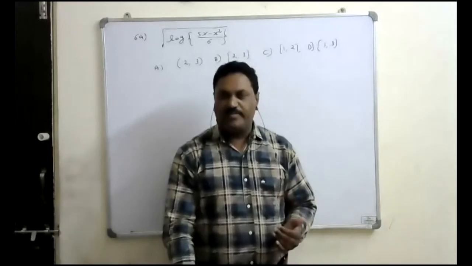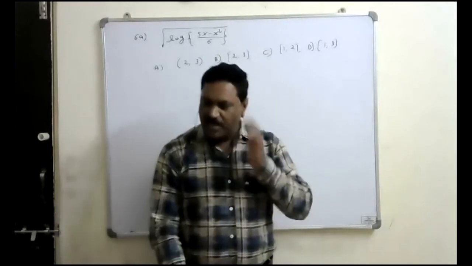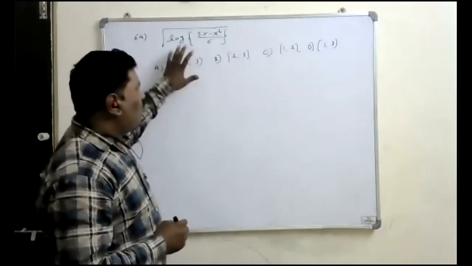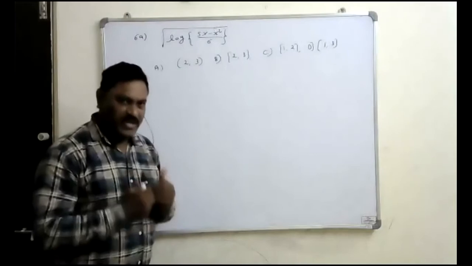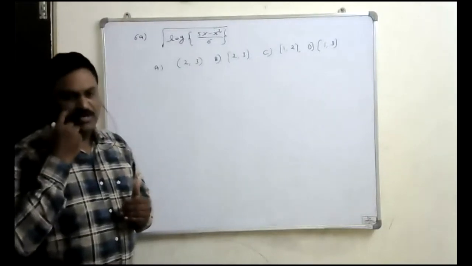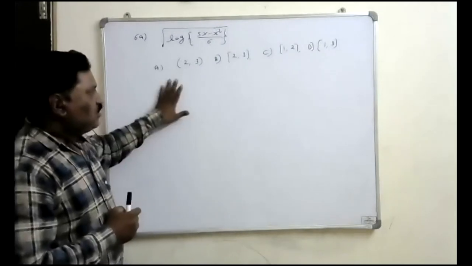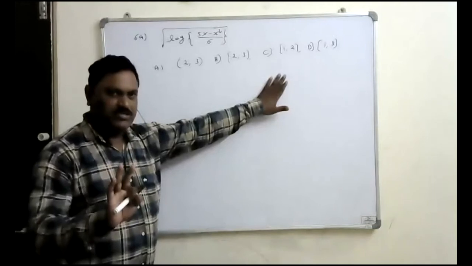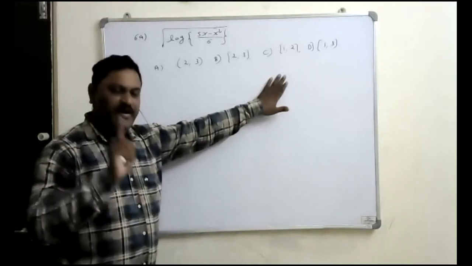What is this elimination method and how to eliminate the wrong options? First listen carefully. Since it is the domain, I want to find the values of x which define the given function. Out of these 4 options, if you eliminate the 3 wrong options, then automatically the 4th one will be the correct option.